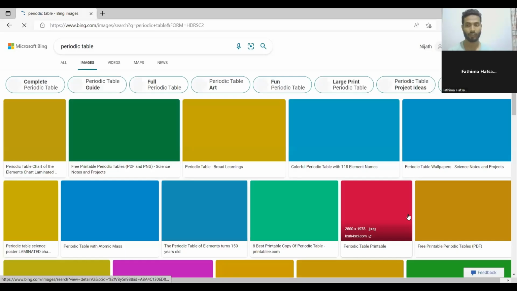The founder or the father of the modern periodic table is Dmitry Mendeleev.